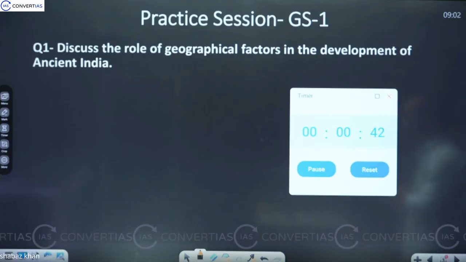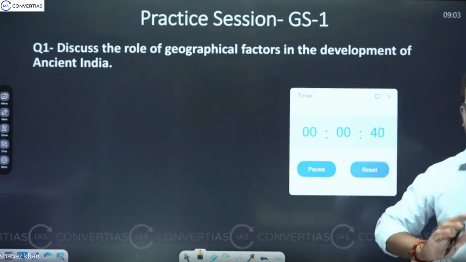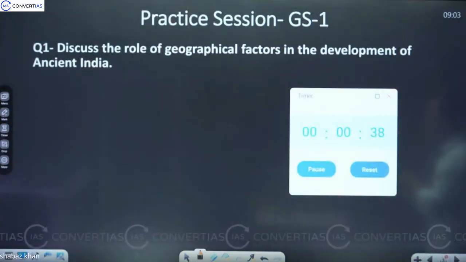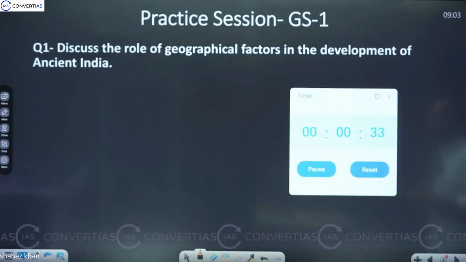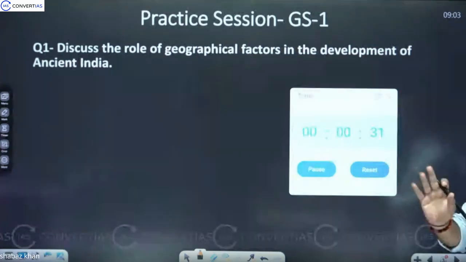Start writing on your A4 sheet the structure that you want. What are the ingredients that you want in this particular answer? Start writing. Not the answer, but the structure.